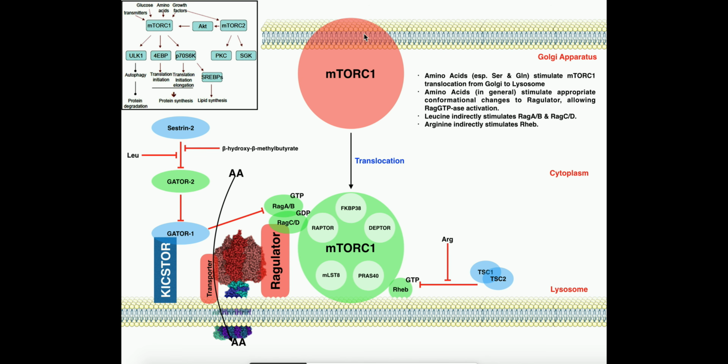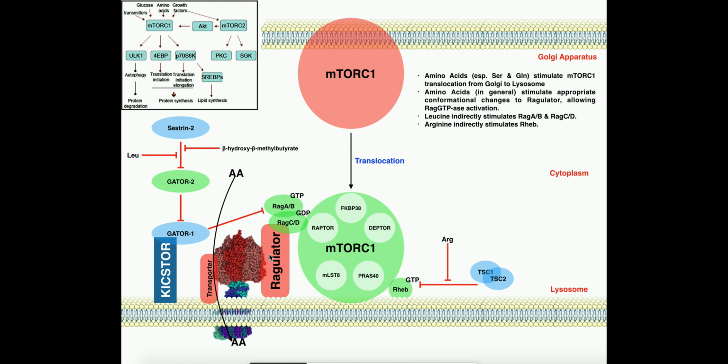Now, there are some processes or events that are going to occur while the mTORC1 is on the Golgi apparatus, but while it's on the Golgi apparatus, the mTORC1 is inactive, okay? What you're going to see in this video is that you just have to have a ton of amino acids to stimulate mTORC1. So these proteins are really just amino acid sensors.